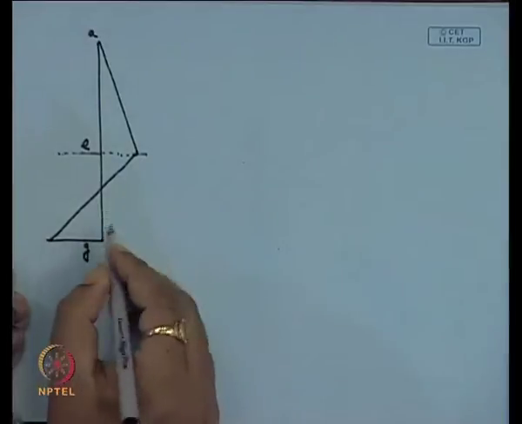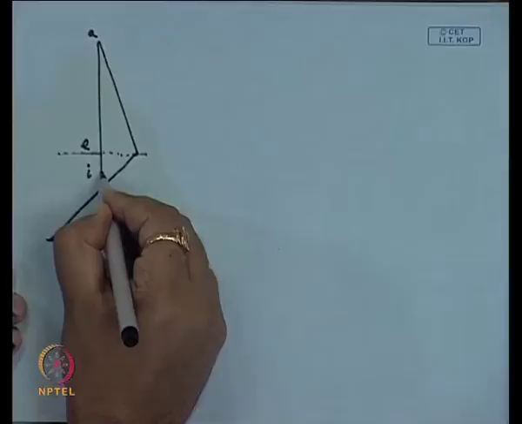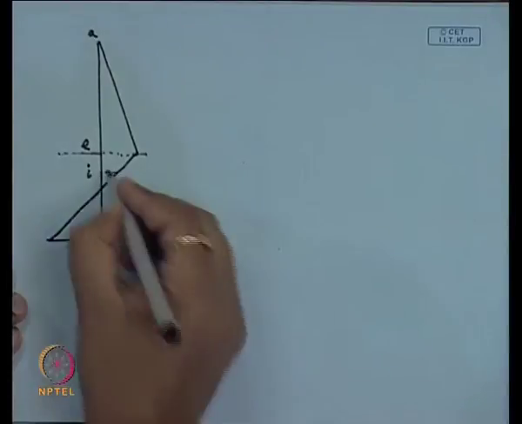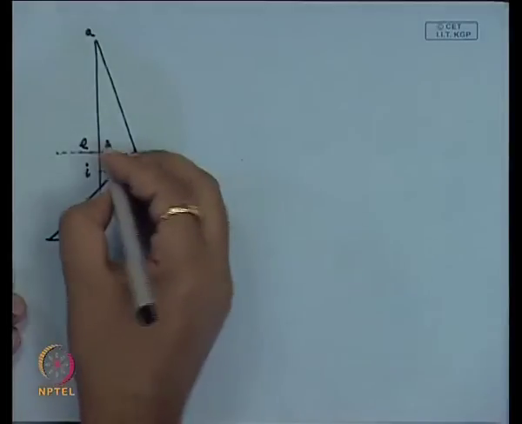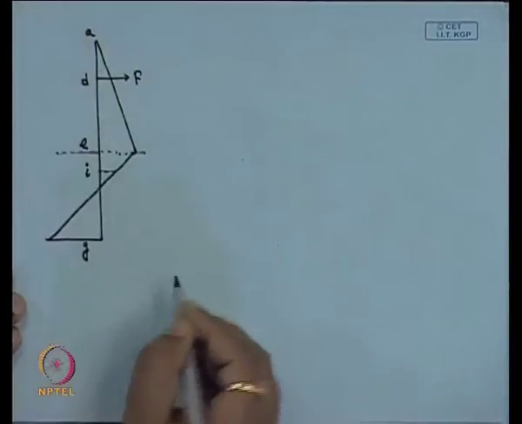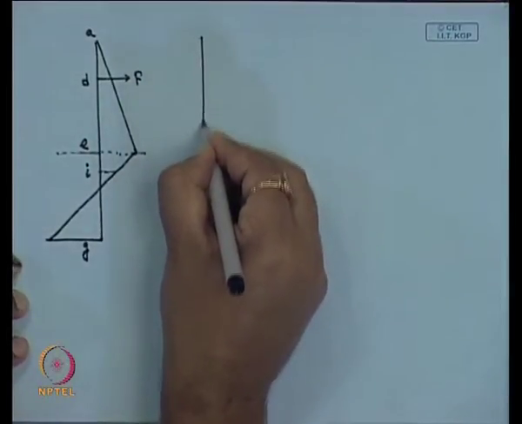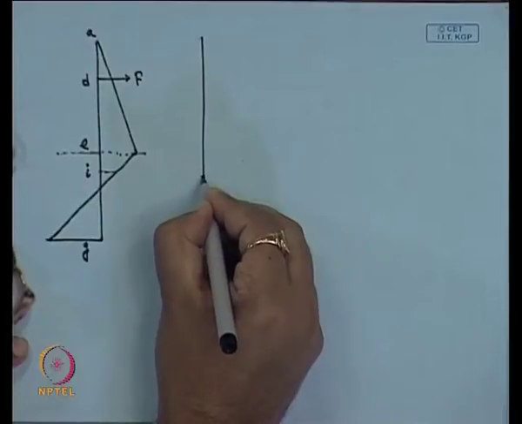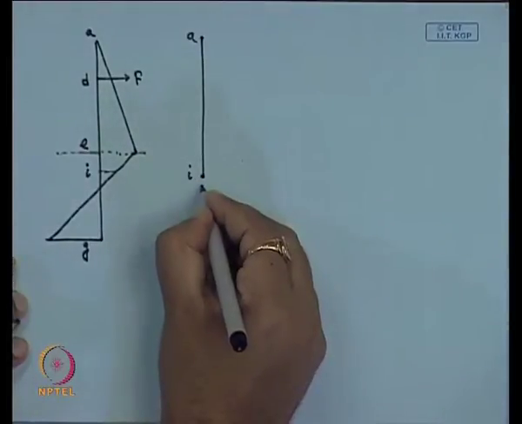So, this is the diagram we have drawn. This point is I, where moment is 0, and this is G point, and this is D point where this F is acting. Now we have taken two beams, one is from A to I, another is from I to G.